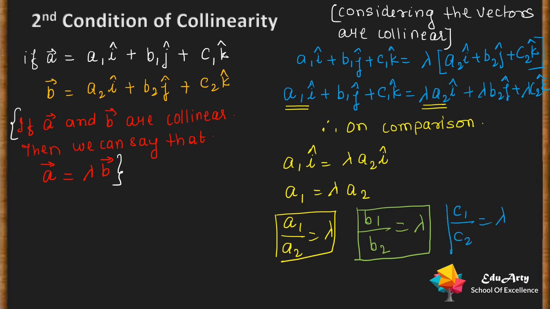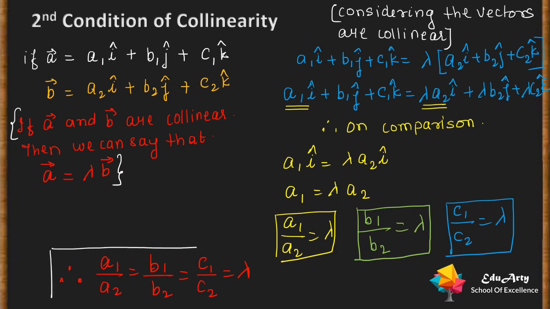Since all of them are equal to one quantity, pay attention. So we get a1 by a2 is equal to b1 by b2 is equal to c1 by c2, which is equal to lambda, correct.